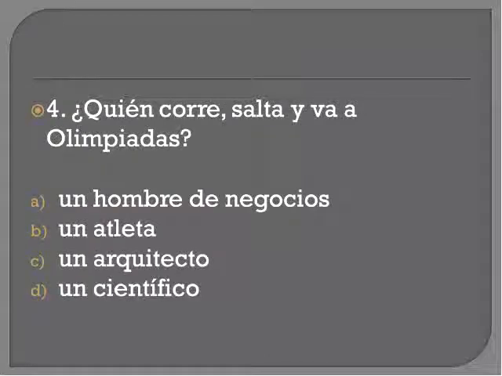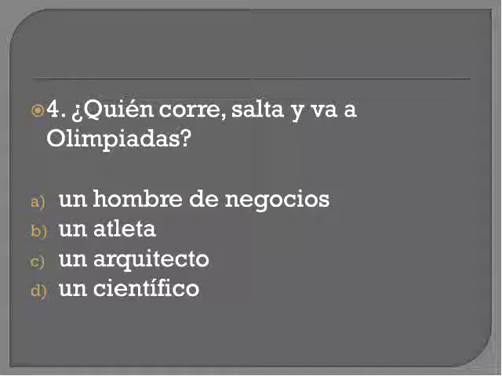Oh, okay. This has to do with profession. Okay, pay attention to some of these keywords. Quien corre, salta, y va a Olimpiadas. Olimpiadas is the cognate. Looks very similar to the English word. What's Olimpiadas? Something with the Olympics. Okay. So, who does this?